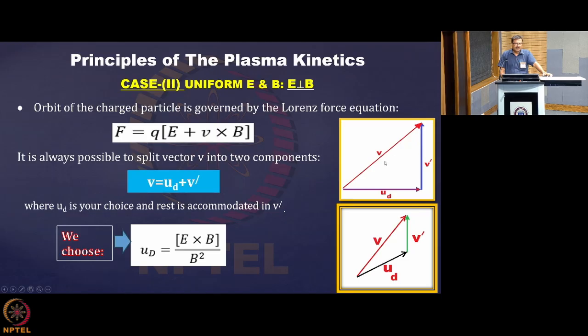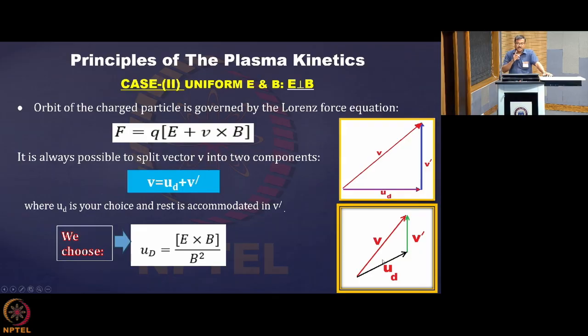We are usually comfortable with this, because we have done so much component division into horizontal and perpendicular components. But here this is a general one. Any vector v can be broken into two parts: one is ud and one is v dash.